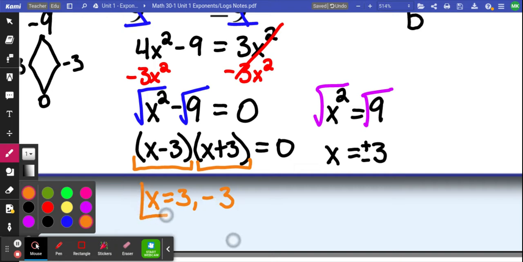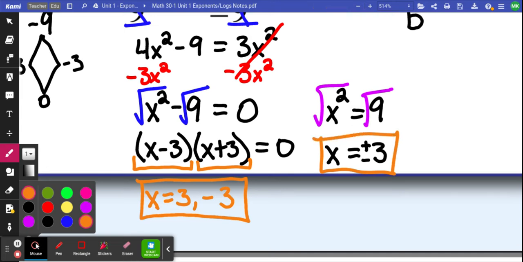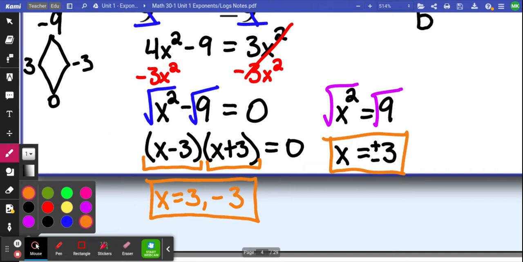So your answer is x equals 3 or negative 3. What Maddie was talking about is move the thing over, square root both sides, and look, you got the exact same answer. X equals positive negative 3. What Cecily was talking about was do diamond method, and you notice that both the sides are 3 and negative 3, so you get the same factors. All three strategies are legit.